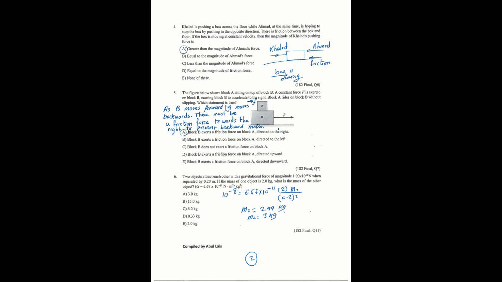This force must be towards the right, because if there is not enough friction, box A will slide towards the left. So which force will prevent it from sliding towards the left? It must be a force that is directed towards the right. That's why block B exerts a friction force on block A directed towards the right.